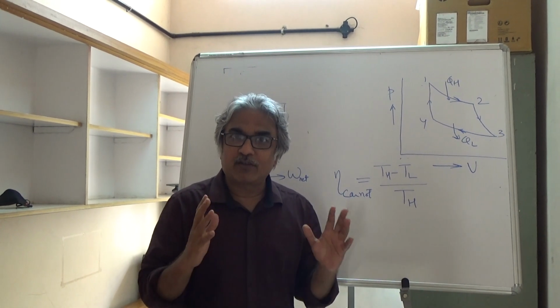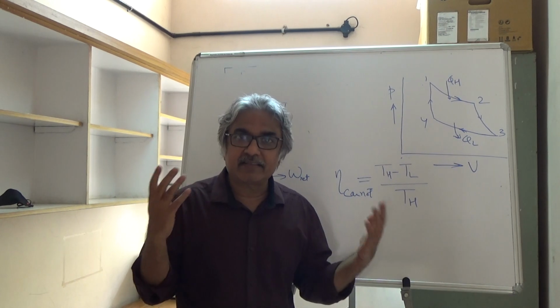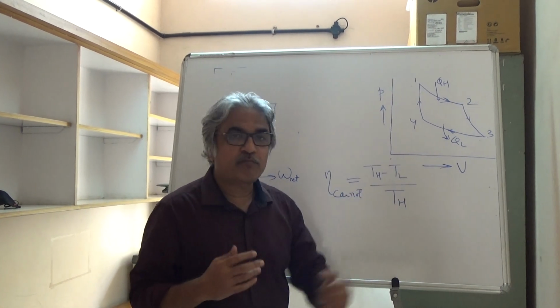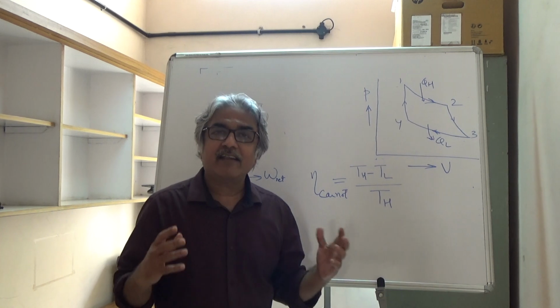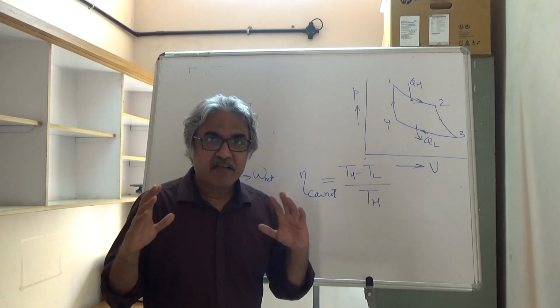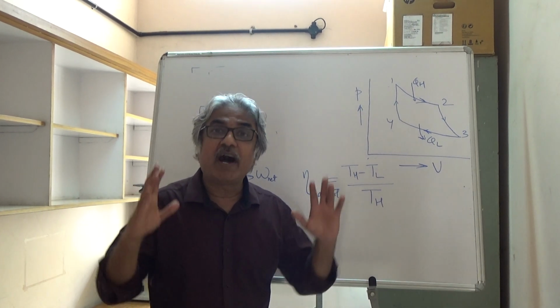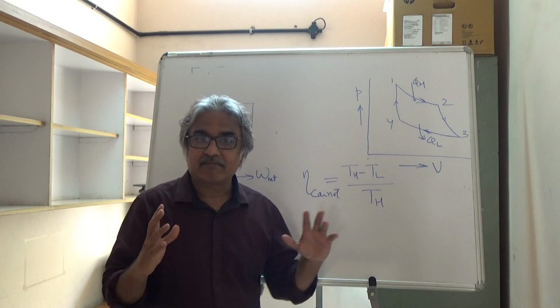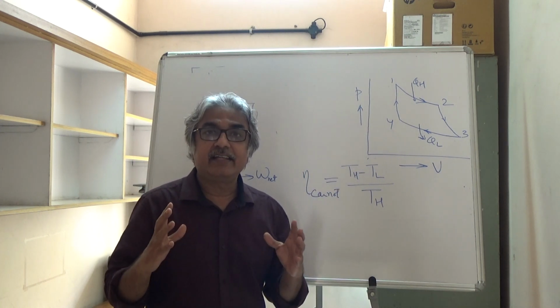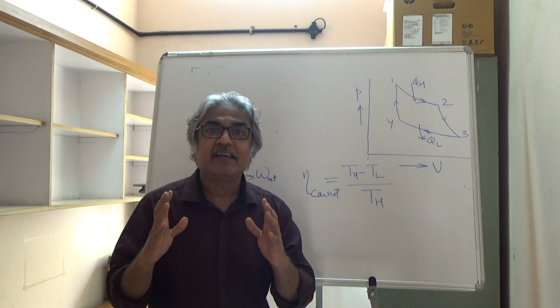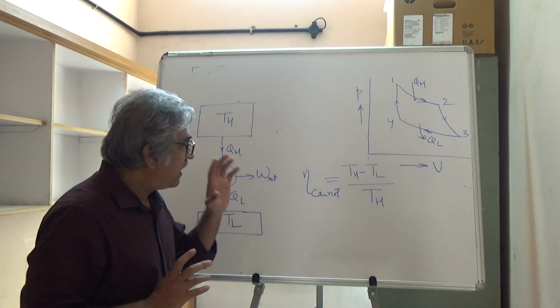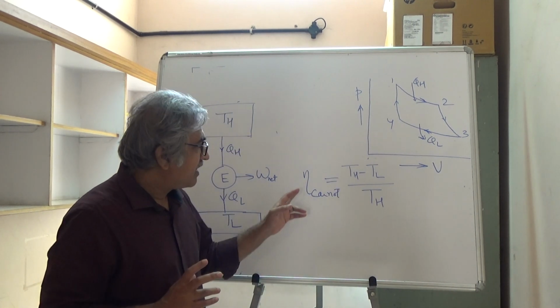You also know that the Carnot engine is not a reality, it's an imaginary engine, because all the four processes here are imaginary processes. But as I have explained to you, conceiving of this ideal engine is practically important. Also reflect on this.